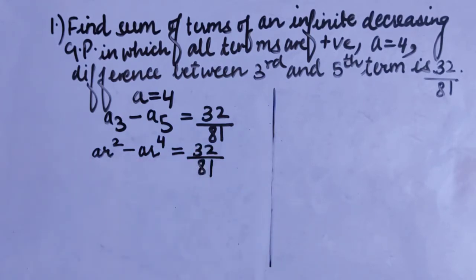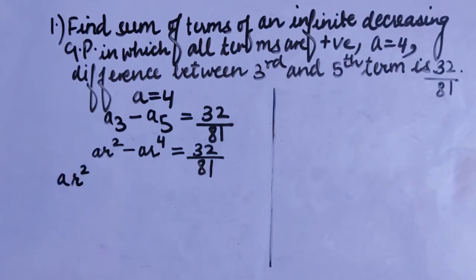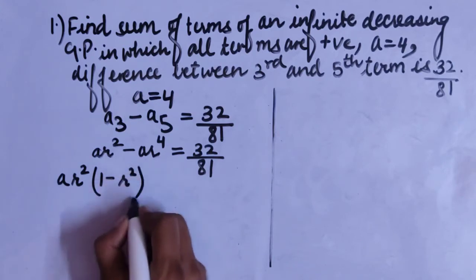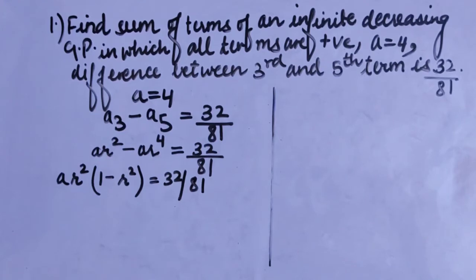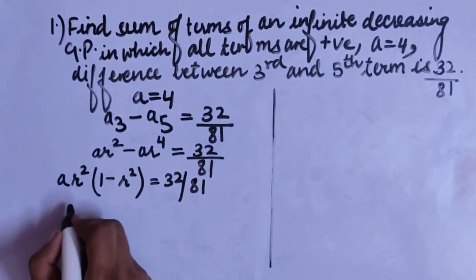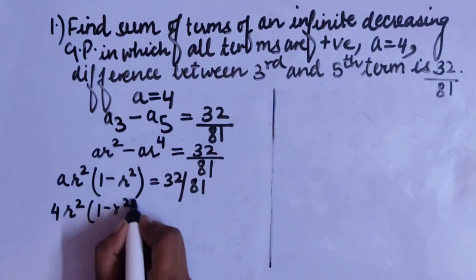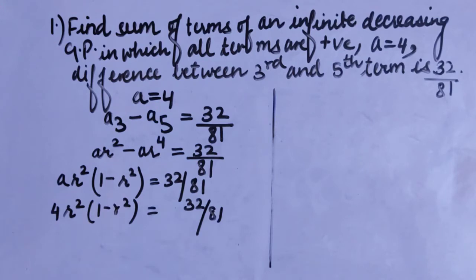So now students, what is common over here? a is common here and r square is also common here. So what will be left inside? 1 minus r square is equal to 32 upon 81. And we know the value of a is 4. So 4r square into (1 minus r square) will be equal to 32 upon 81.